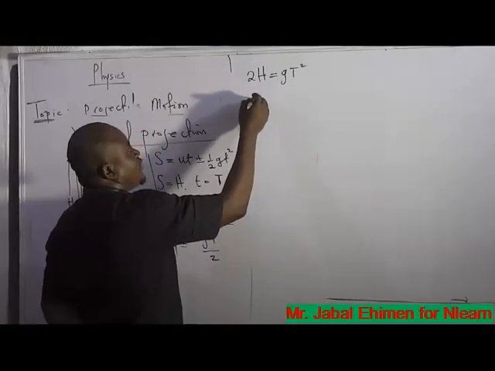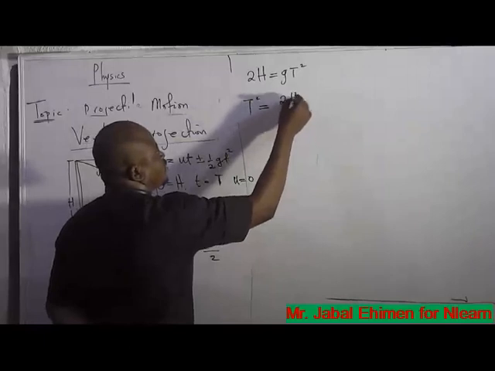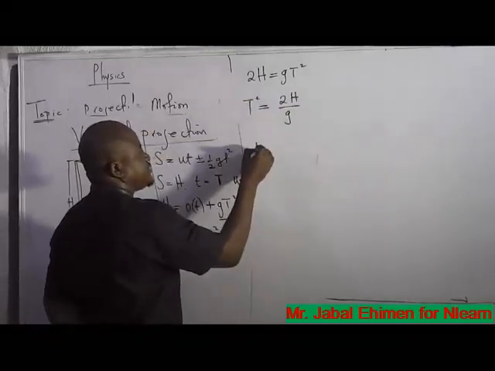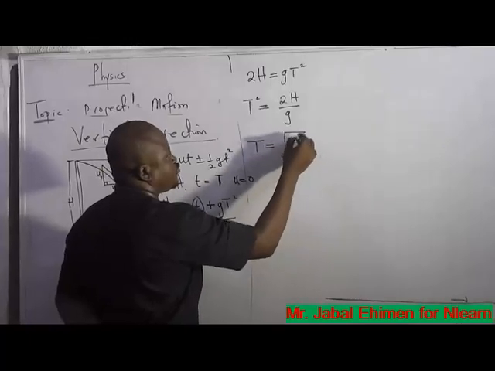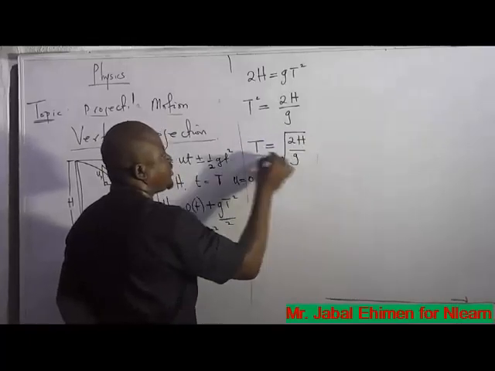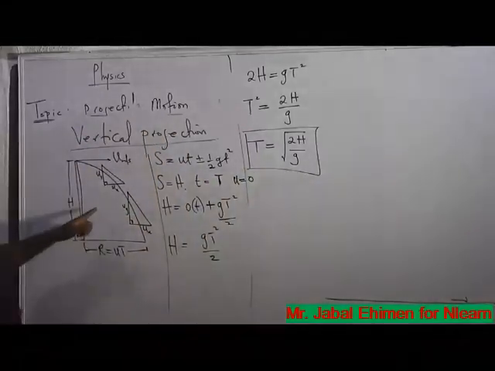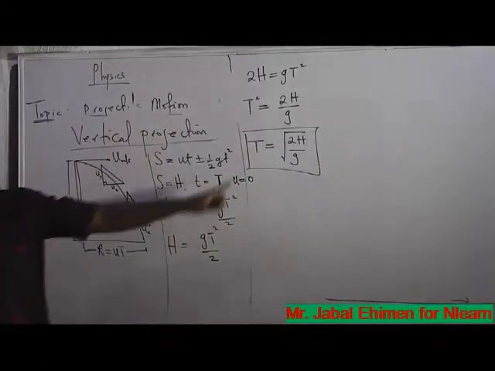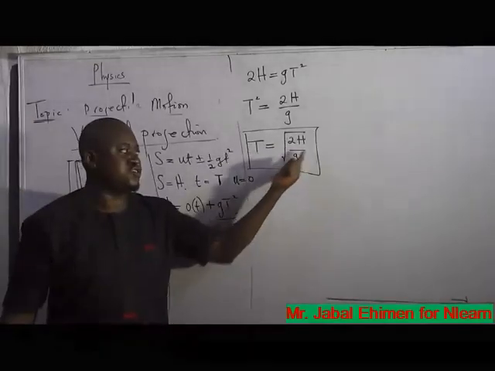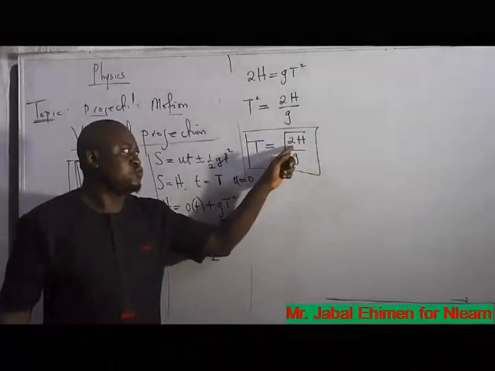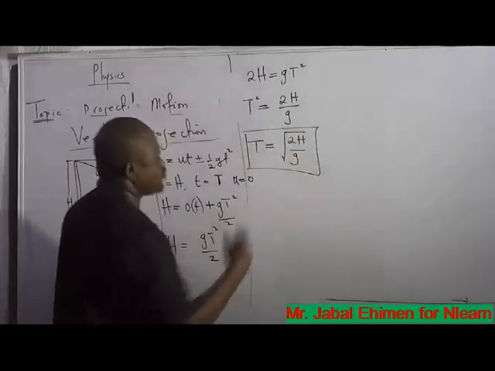So t squared gives 2h over g, and t gives square root of 2h over g. So for a vertical projection, take note that the time of flight from here to here is the square root of 2h over g: 2 times the height divided by gravity, all under a square root.